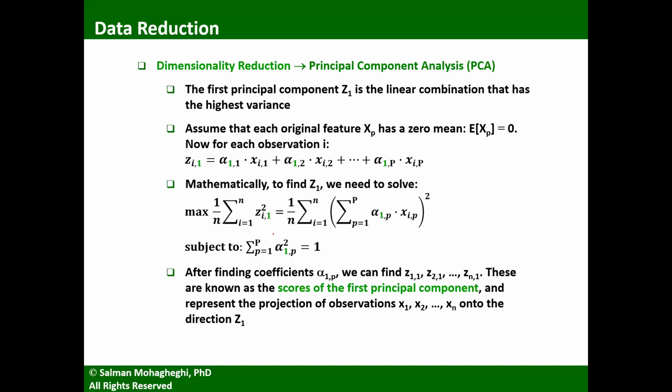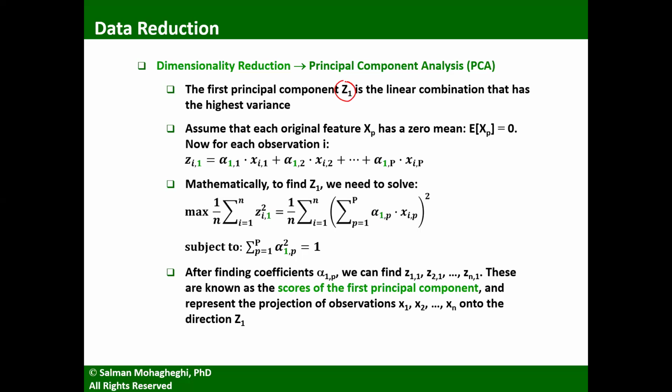Now, to find principal components, we can formulate the problem as a mathematical optimization one. Let's say I want to find the first principal component. I want to call it Z1. This is a linear combination of all the original dimensions and has the highest variability, the highest variance.